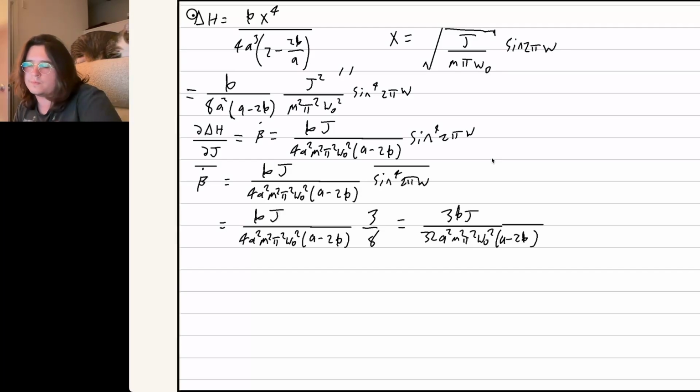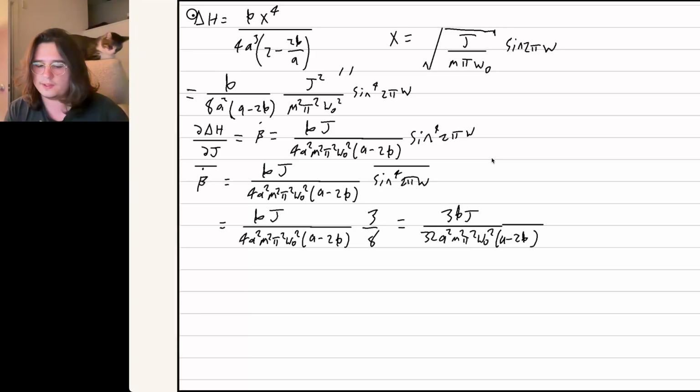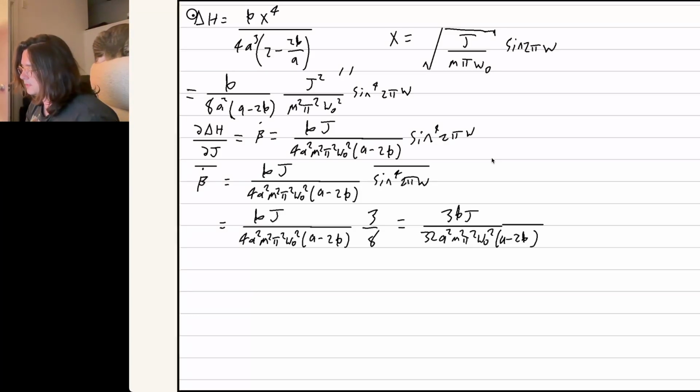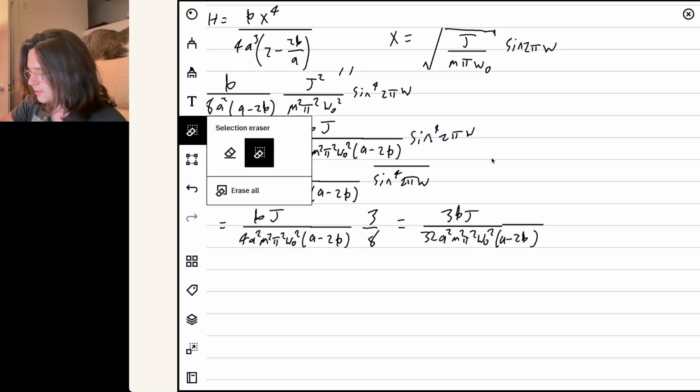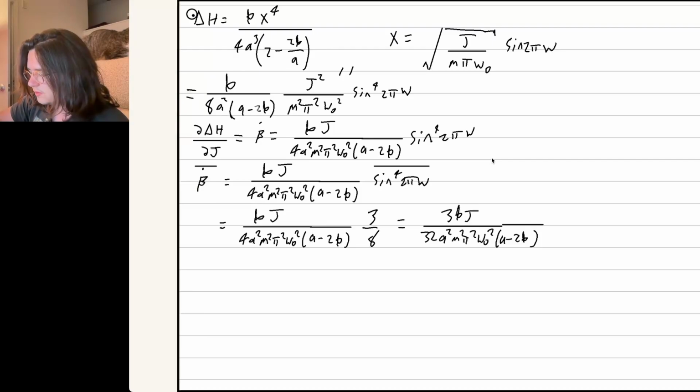So in the problem it says that it's a correction to the frequency. So what happens when A approaches B is something that the problem considers then. What happens when A approaches B? This term, so I made an algebra mistake somewhere. Actually, none of those factors of 2 should be there.